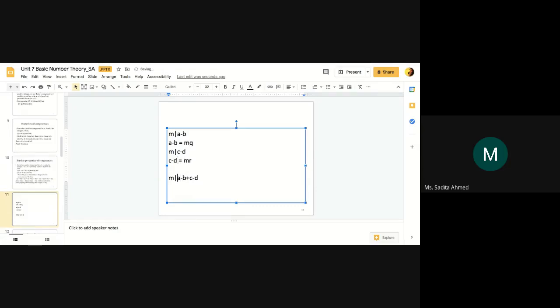So in that case, what is this? MQ. And what is this? MR. And now if you take M in common, what do you get? Q plus R. Now this number, is this divisible by M? Clearly it is. M is here as a factor, so M can divide this number. So there you go. As simple as that. That is the proof.